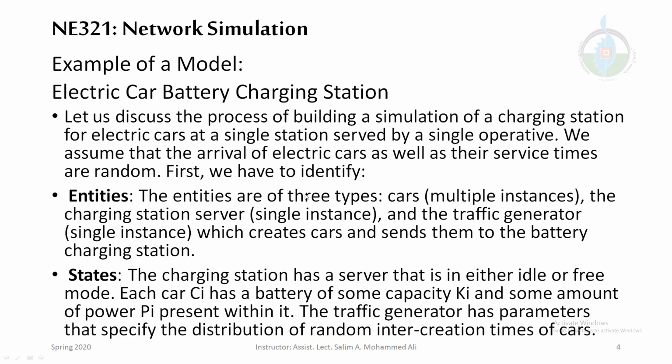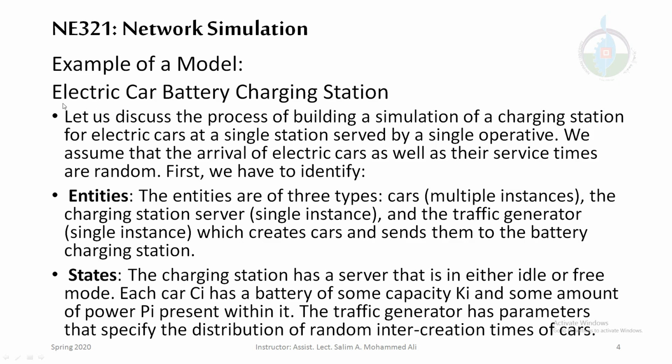Let's have an example that describes these terms with their associated terms in a description in the example. In this example, we are going to have an electric car battery charging station. We all know that electric cars are becoming more popular these days.